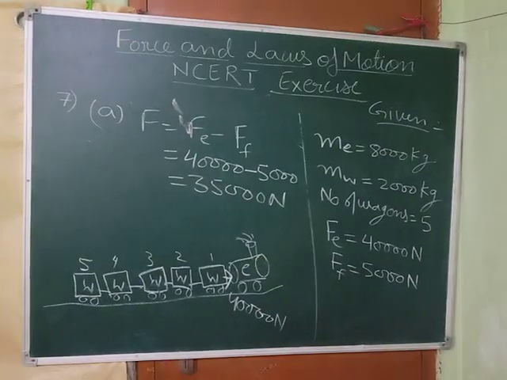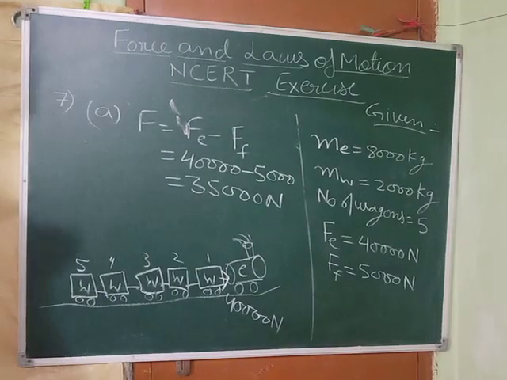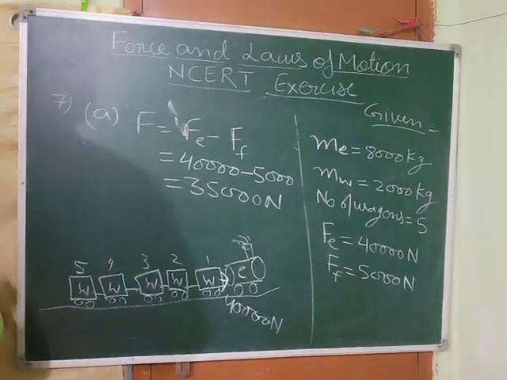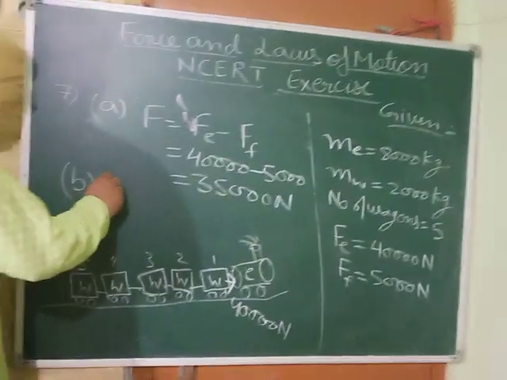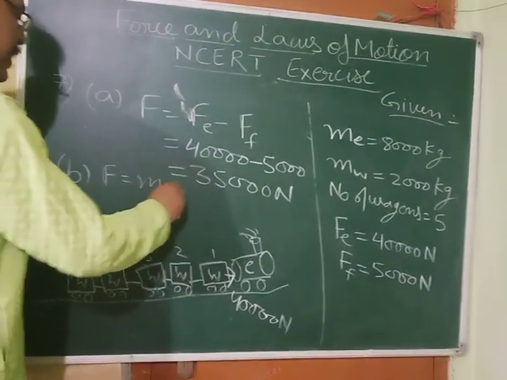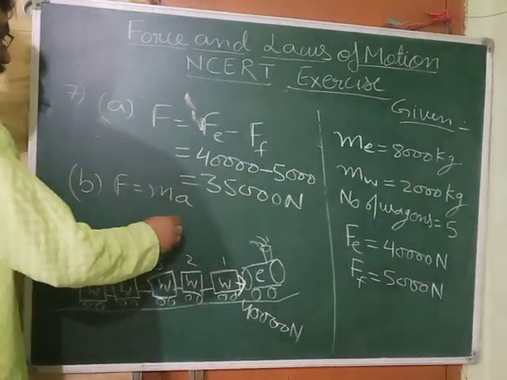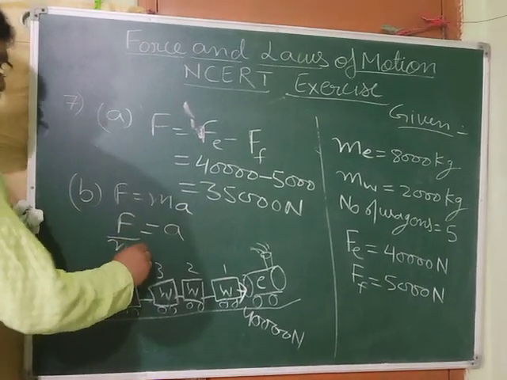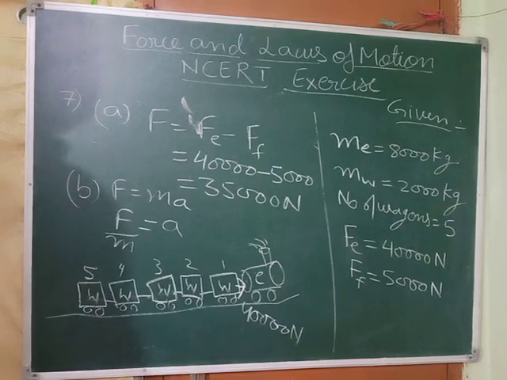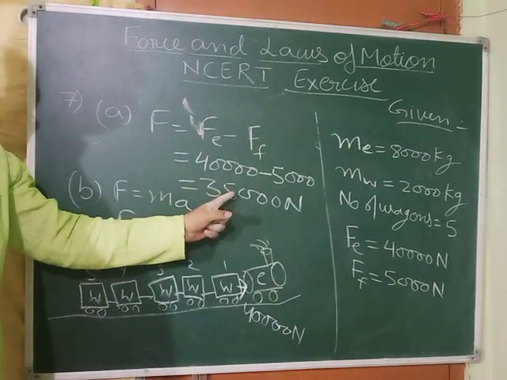Now, the second part, we have to find out the acceleration. We know that F is equal to ma. Now here a is equal to force by mass. Now, this net force is acting on which part?